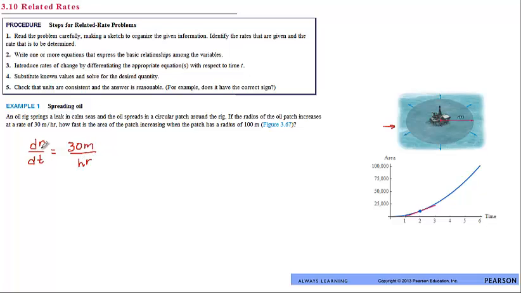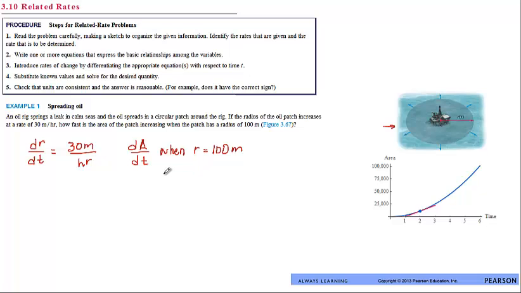This means the radius is changing at this rate. They'd like to know how fast the area is increasing. They want to know this. How is the area changing with time? And specifically, they want you to then come up when the radius is 100 meters.